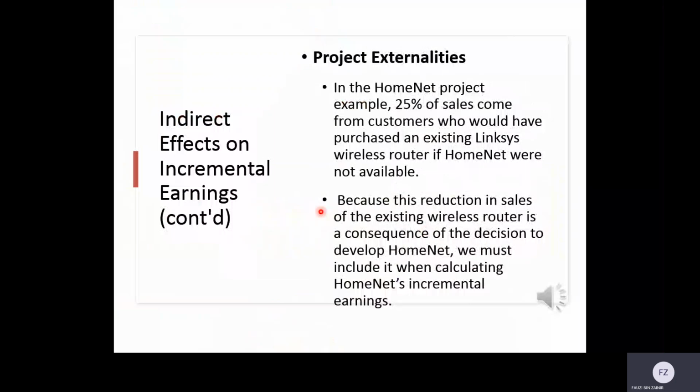Suppose approximately 25% of HomeNet's sales come from customers who would have purchased an existing Linksys wireless router if HomeNet were not available. So in other words, previously, the Linksys division also produced a wireless or smart remote box, but HomeNet is considered the newer version.